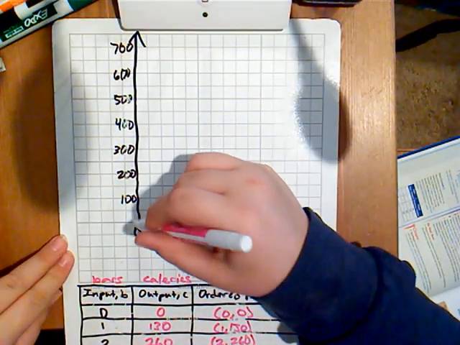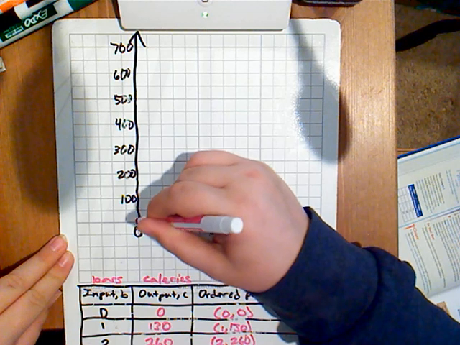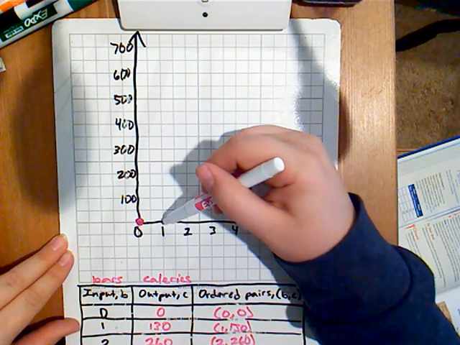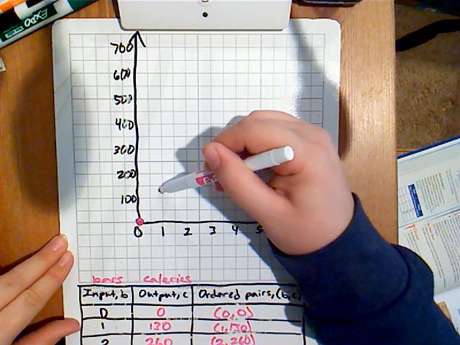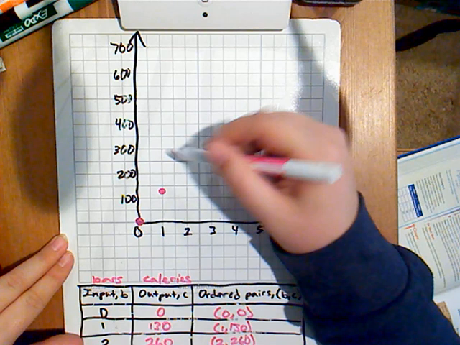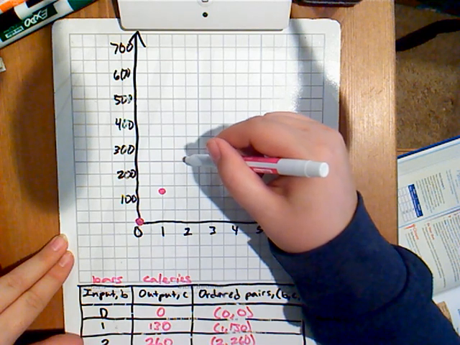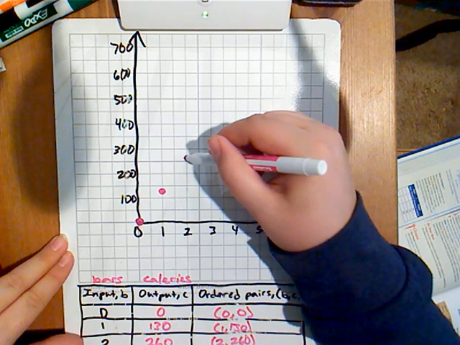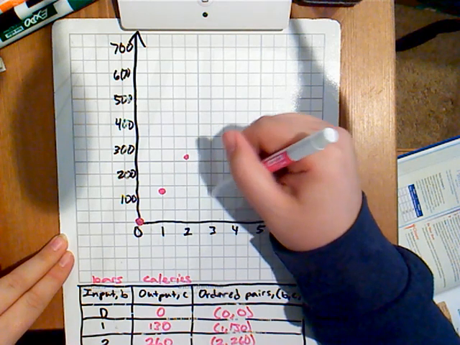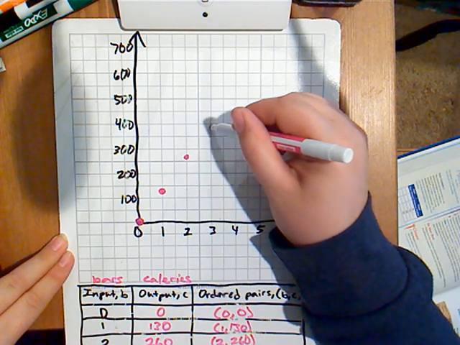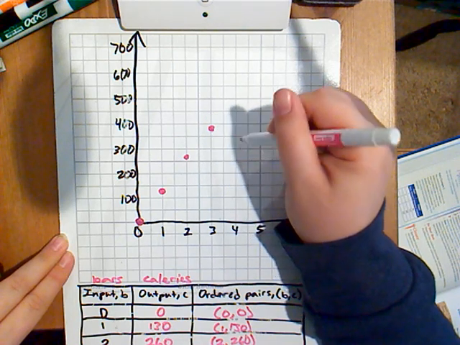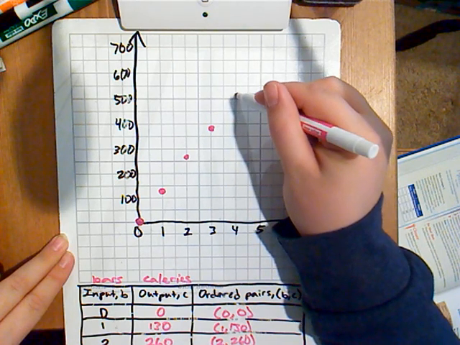So we have (0, 0), which is going to be here, (1, 130), (2, 260), (3, 390), and (4, 520).